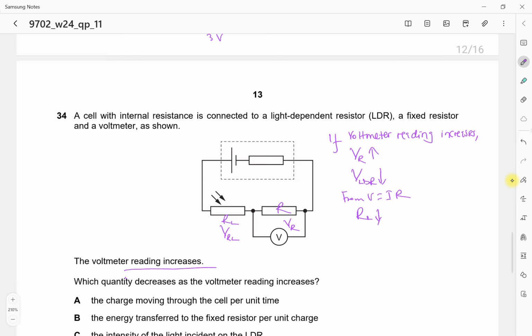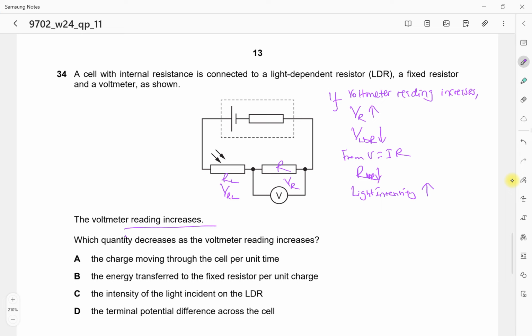And if the resistance of the LDR has decreased, how does the resistance of the LDR decrease? That's when the light intensity increases. So if resistance of the LDR decreased, then light intensity must have increased because they are inversely proportional. What has happened to the total current?